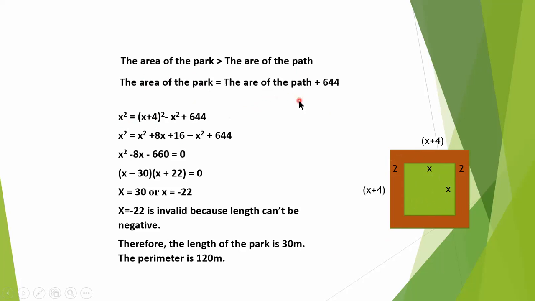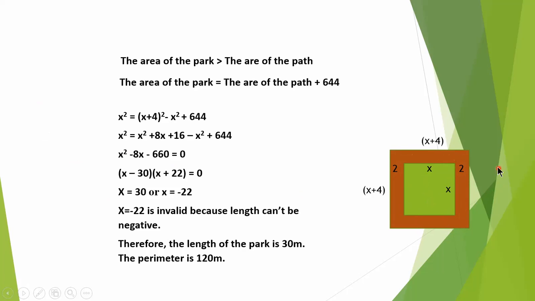The area of the path, this brown area, you can get by removing this green square from the bigger square. From this bigger square, you remove this, then you will get the brown area, which is the path.